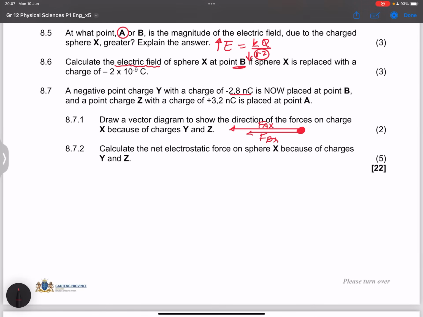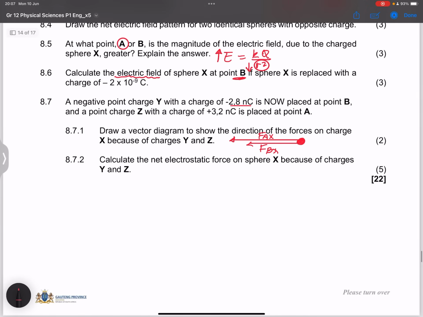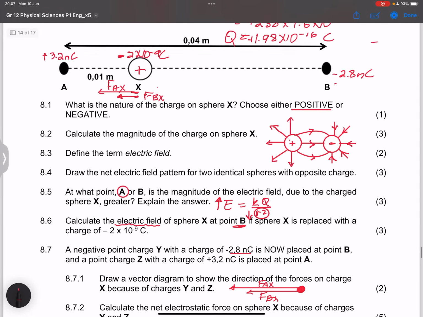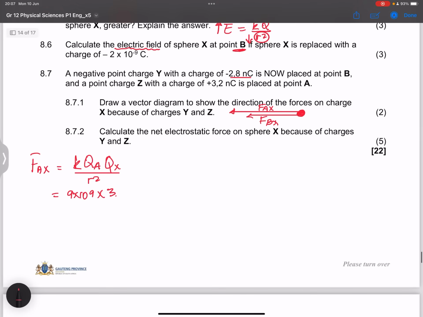Now they say to us, calculate the net electrostatic force on X because of the charges Y and Z. So let's look for the force of A and X. So we're going to say this is kQ_A Q_X divided by the distance between them, r squared. That's 9 times 10 to the 9. The charge on A, we said that's 3.2 nanocoulombs.